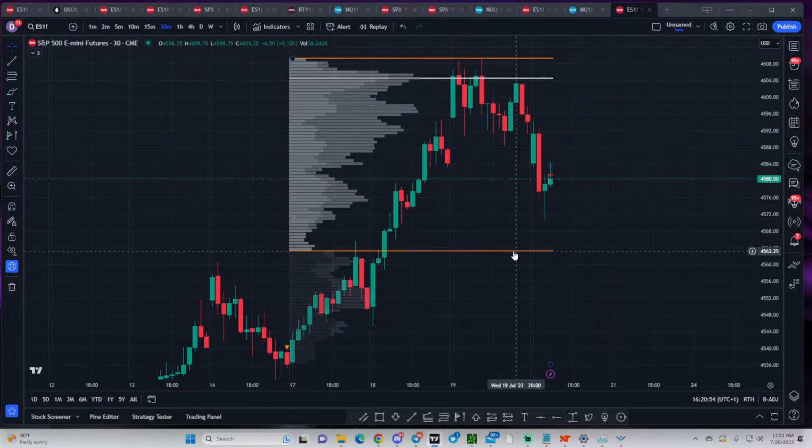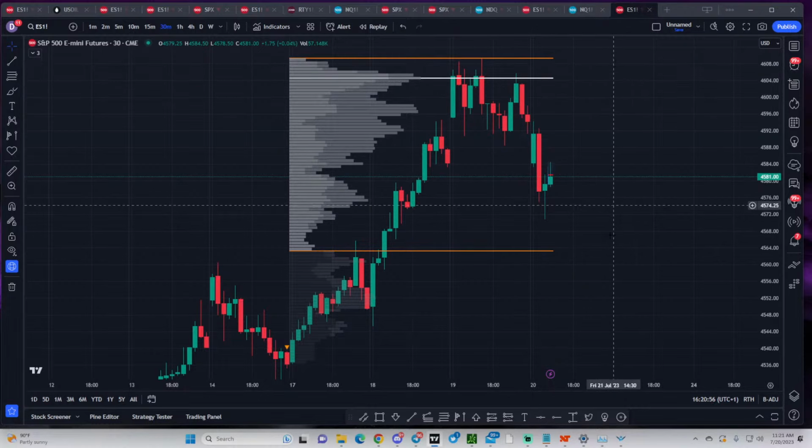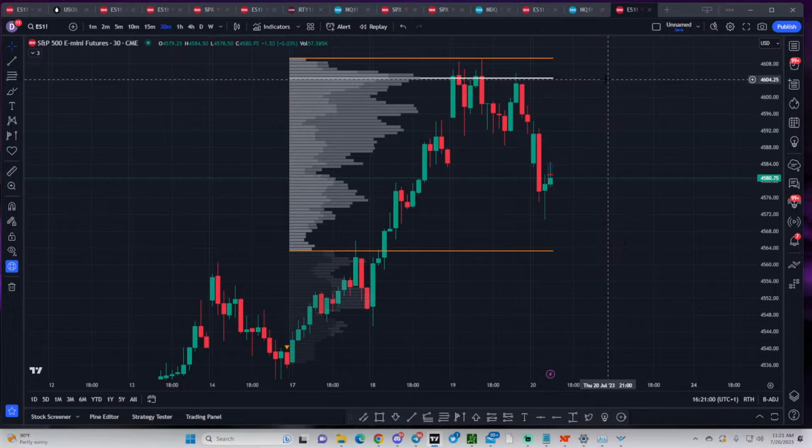So this is called, like I said, value area high, value area low, and POC, point of control. Why is it called the point of control? Because obviously that's where the most volume has been traded. Plain and simple. That's exactly what it means.